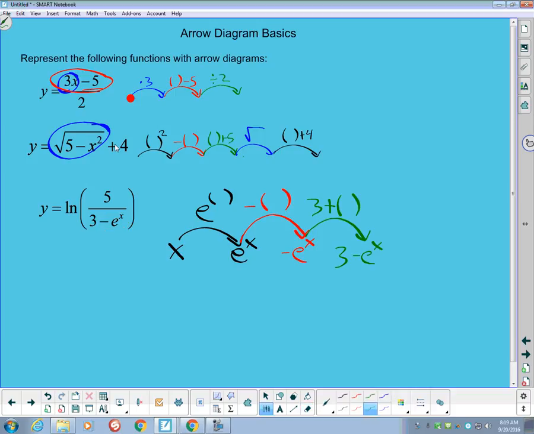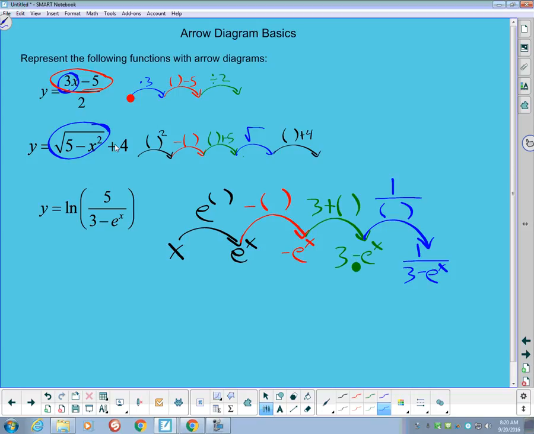And now we have everything that is in the denominator here, but it's not in the denominator when we're right here. So to get it into the denominator, we need to invert it. That's the flip-it-over function. And so the flip-it-over function creates a 1 over 3 minus e to the x.